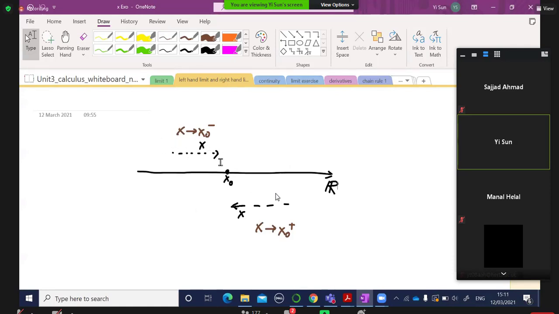Then we write it like this: x approaches x0 from left. On the other hand, when we move x from right to x0, then we can write it down like this. This means x approaches x0 from right.